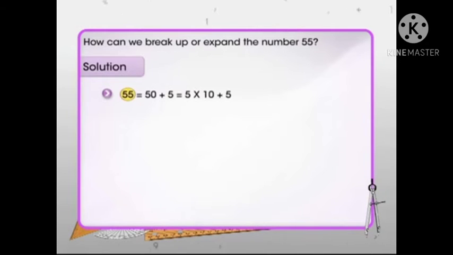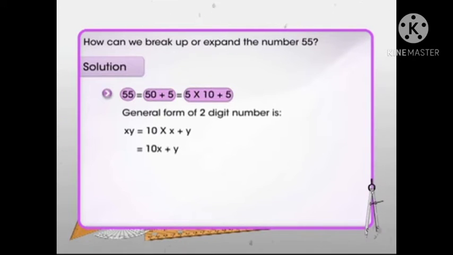That means the number 55 can be written as 50 plus 5 or 5 into 10 plus 5. So, in general, a 2-digit number xy can be written as 10x plus y. And the number obtained on reversing the digits, that is yx equals 10y plus x.